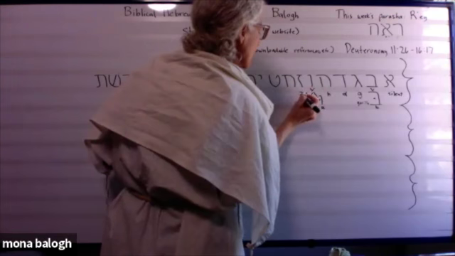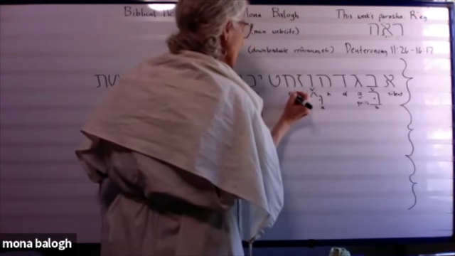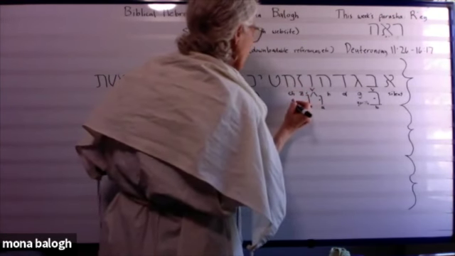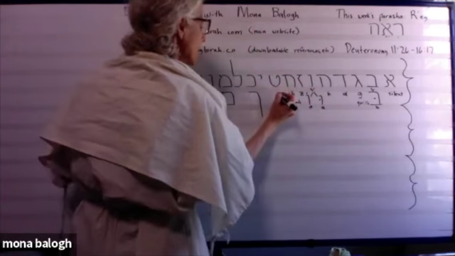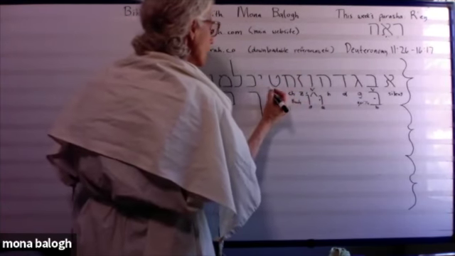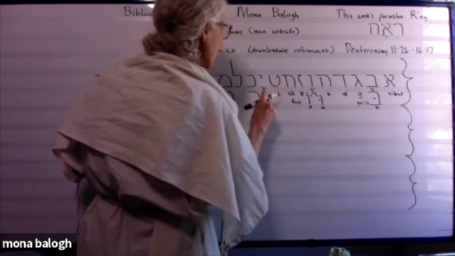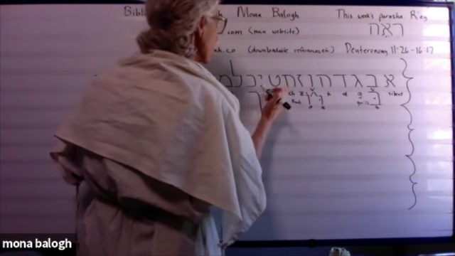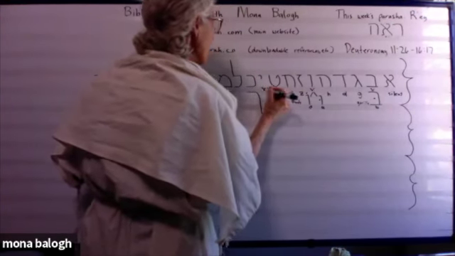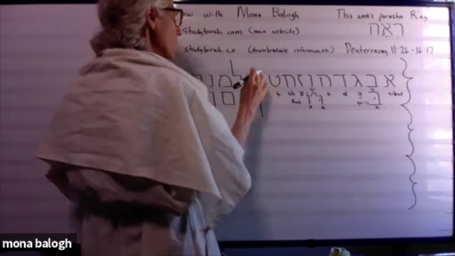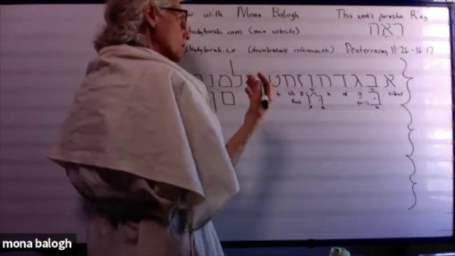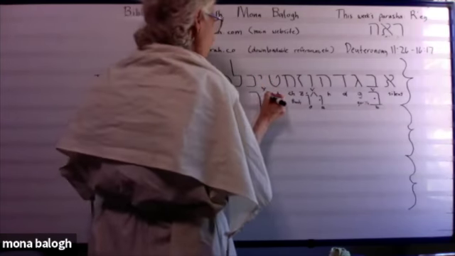Zayin is Z. Chet is a Ch sound, as in Bach. Tet is T. Yud is Y, when it's used as a consonant, but also like in English, it can be an I sound.